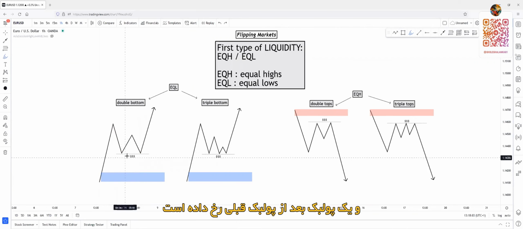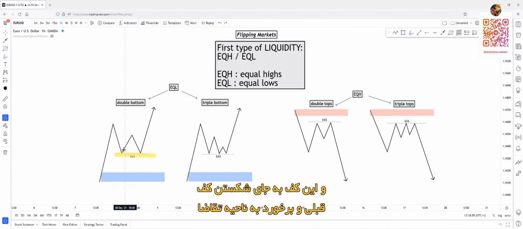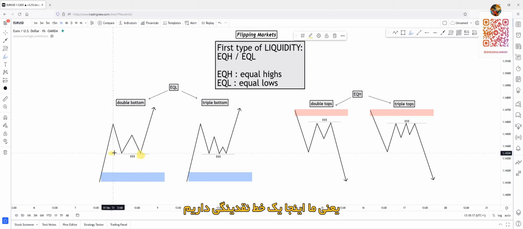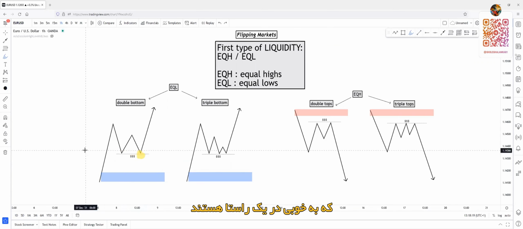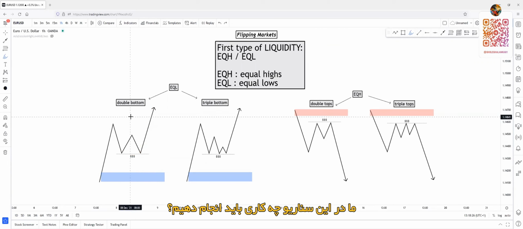After this pullback, the price couldn't break below the pullback phase low, so this low point, and instead of breaking below this low point and tapping into a demand zone, it created the second bottom. So this means we have a liquidity line here, which is perfectly equally lined up, and after this, price created a new high. What can we do in this scenario?